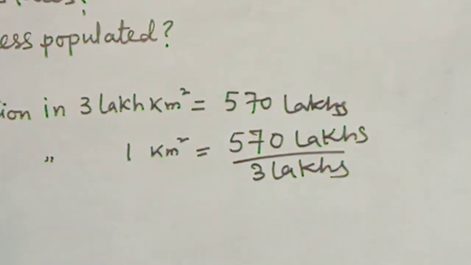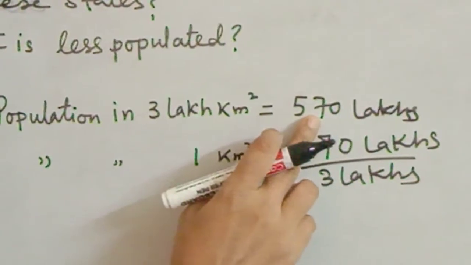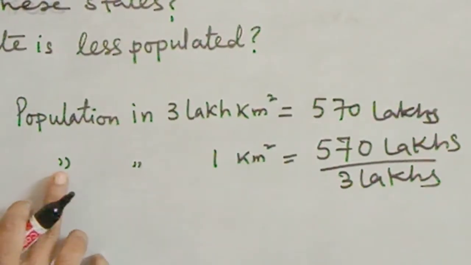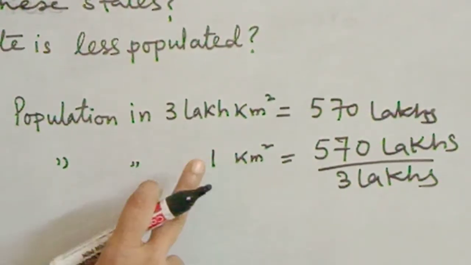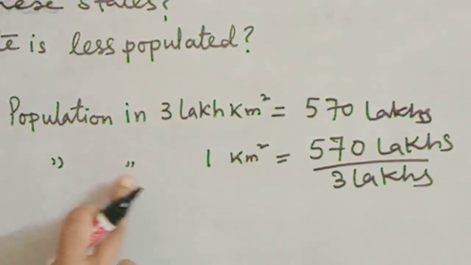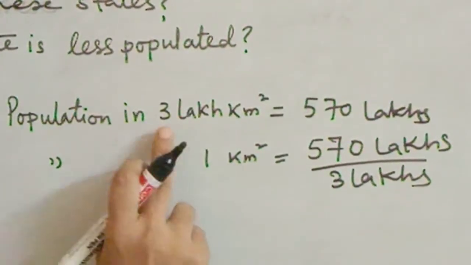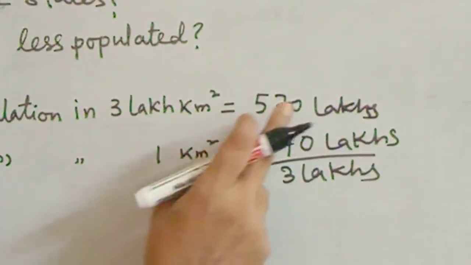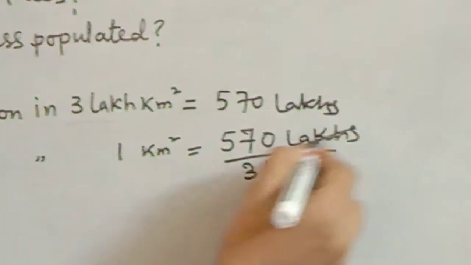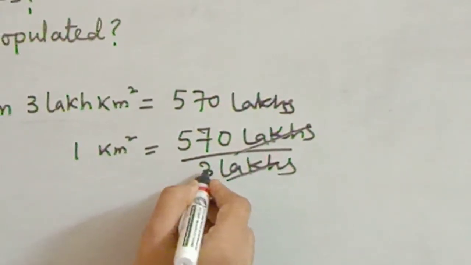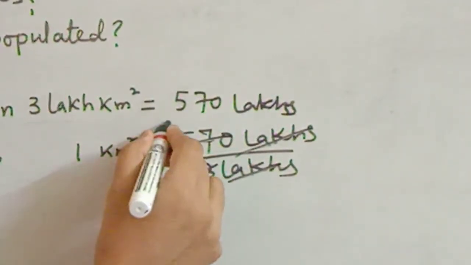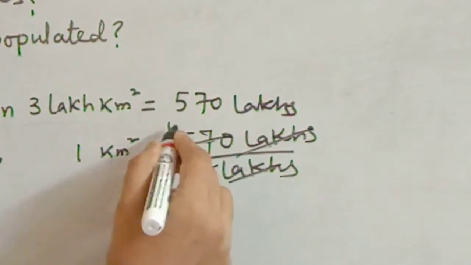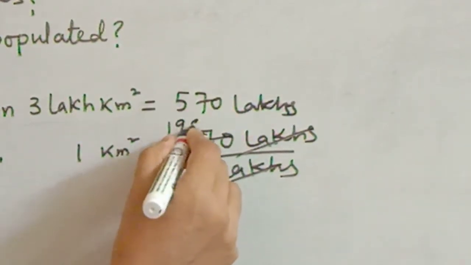What you have to find out is the population in 3 lakh kilometer square, which was given as 570 lakhs. Now you have to find the population per kilometer square. Per means 1 kilometer square. You will divide the population by 3 lakh. Now you have to cancel 3. 3 1s are 3, 3 9s are 27, 190.